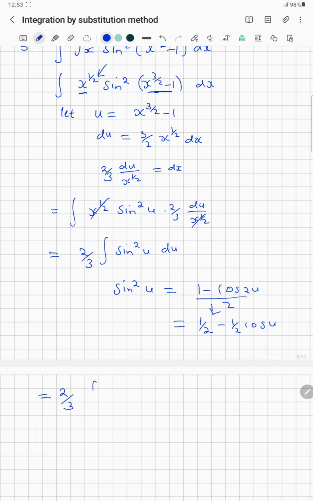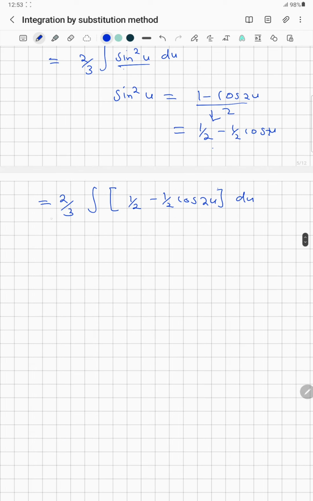This one will integrate, we are integrating now, we replace this one with this one, a half minus a half cos of 2u du, and this now gives us a very easy one. We integrate a half, this one we are going to get u.